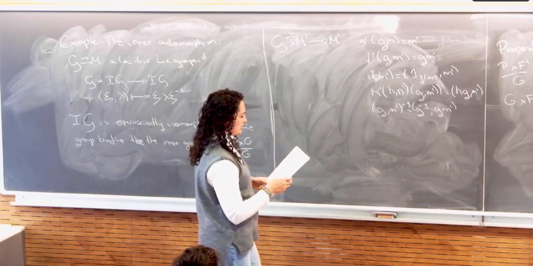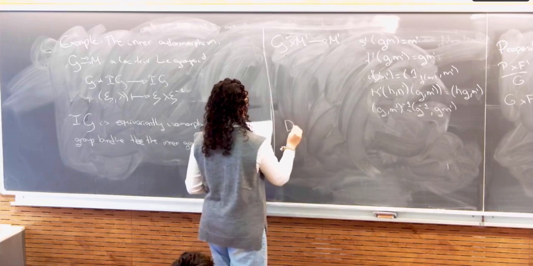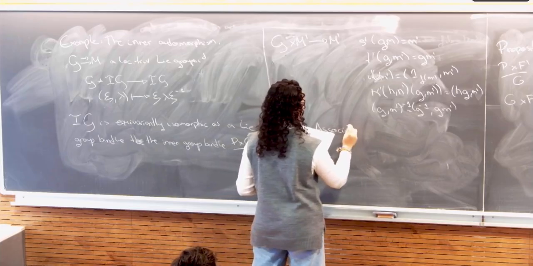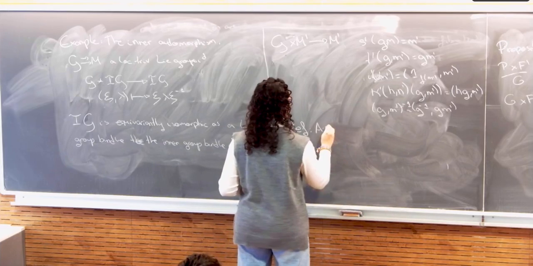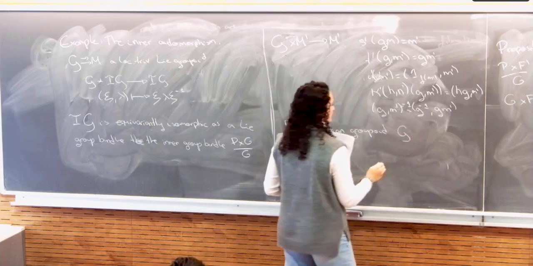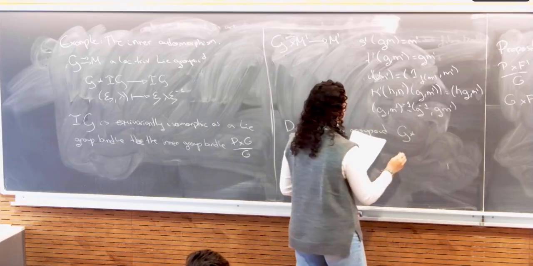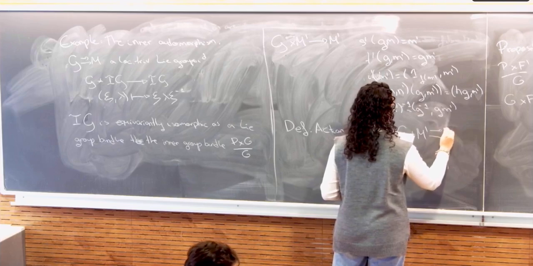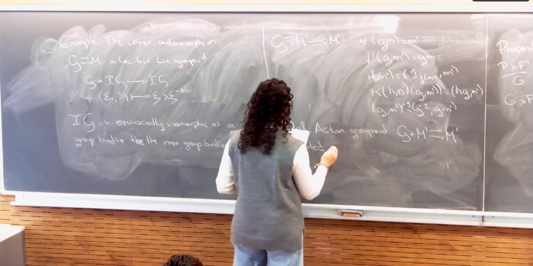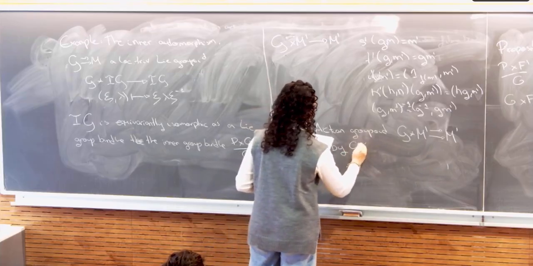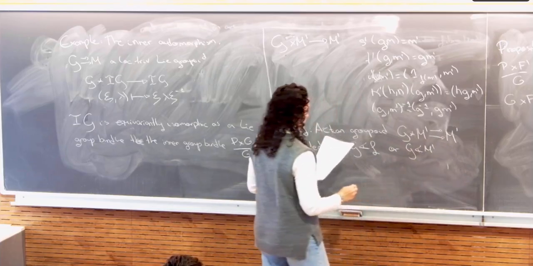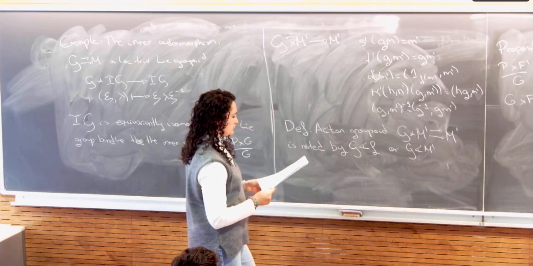But if we, this is the action groupoid, that is a groupoid that has as the space of arrows this manifold, and the base manifold is M prime, and the same way as with the groups, it's going to be denoted by this, and is the action associated to the action of the groupoid.